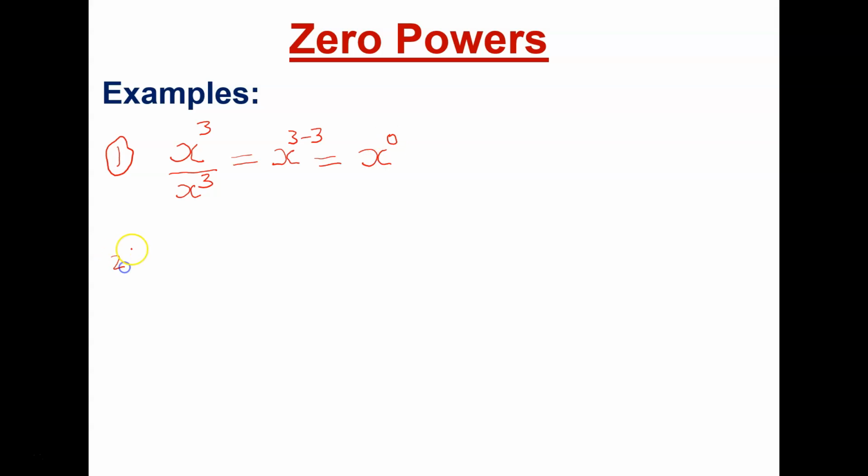Now similarly, if we take, for example, x power of minus 3 divided by x power of minus 3, what's going to happen? x minus 3 take away minus 3, and the two minuses give you plus. So you get minus 3 plus 3, and that gives you x power of 0 again.